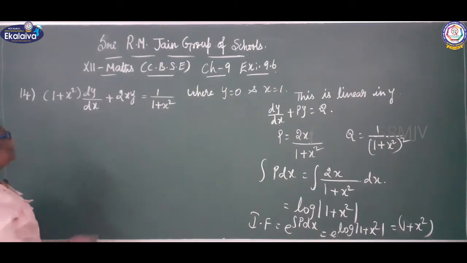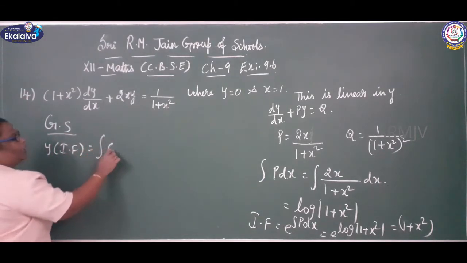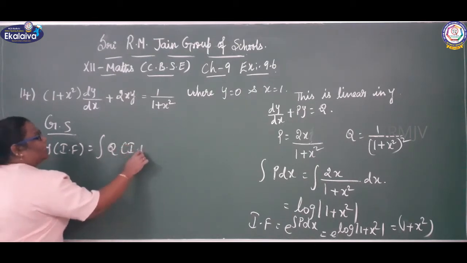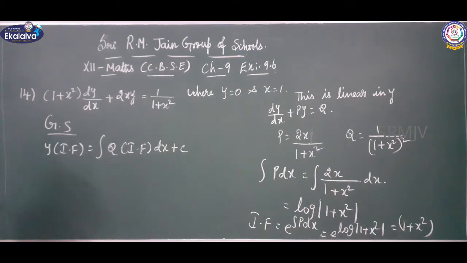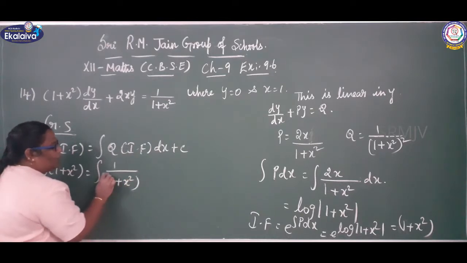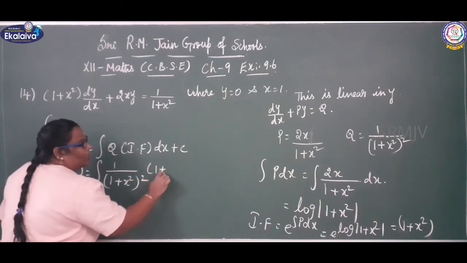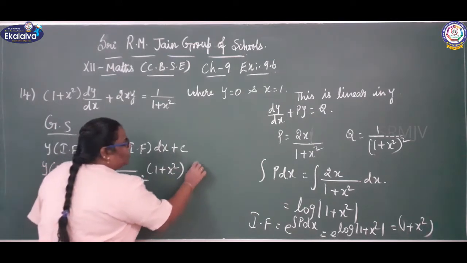See the general solution: y into integrating factor equal to integral q into integrating factor dx plus c. So y into 1 plus x square equal to integral of 1 by (1 plus x square) the whole square into the integrating factor 1 plus x square dx.